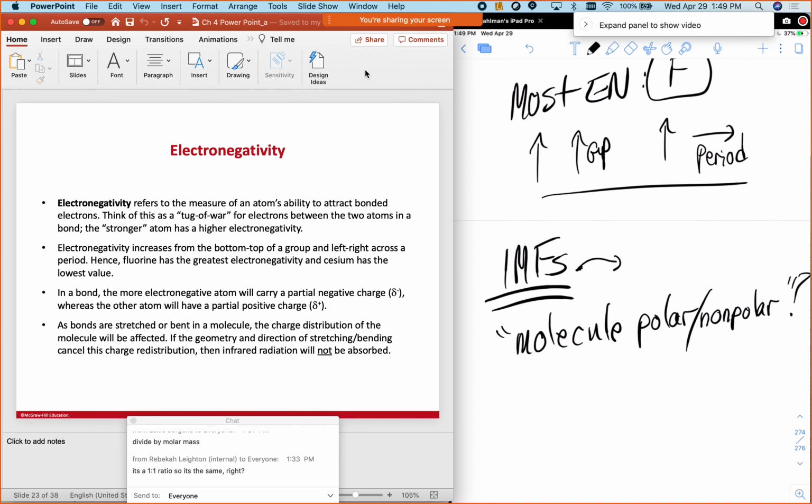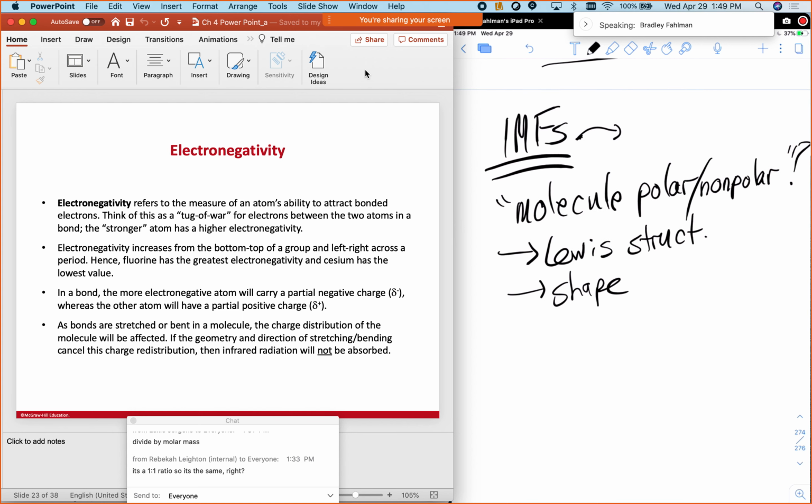What you have to do is draw again its Lewis structure, figure out its shape. So it's going to be one of those five shapes, trigonal planar, whatever, and then draw bond dipoles in your molecule.